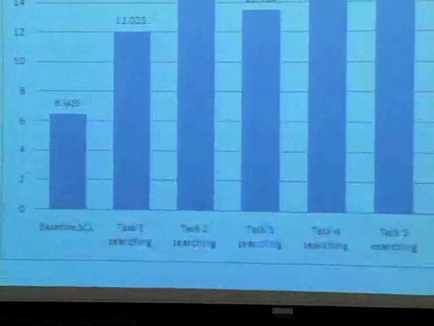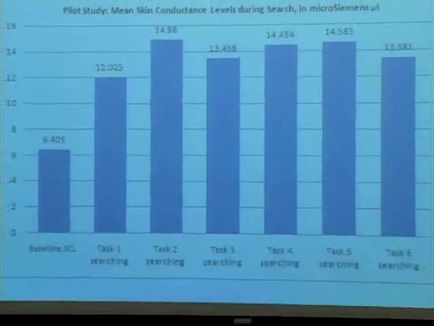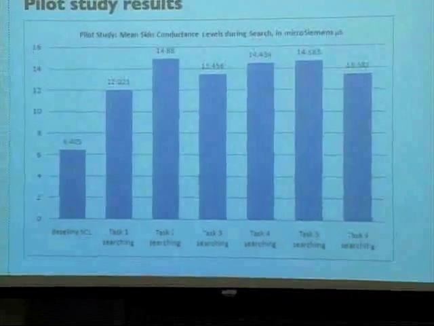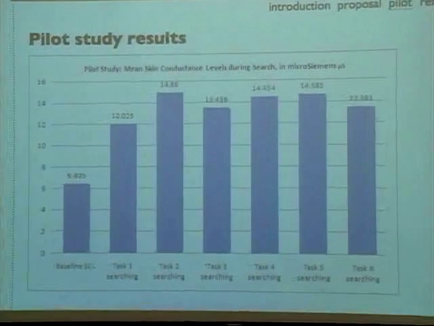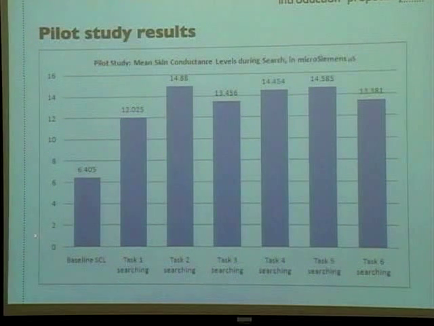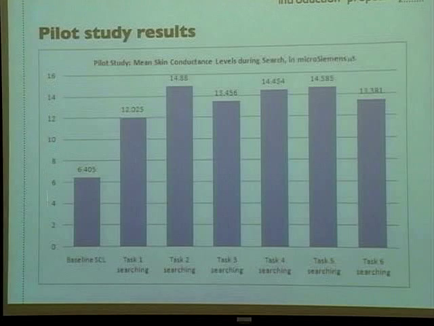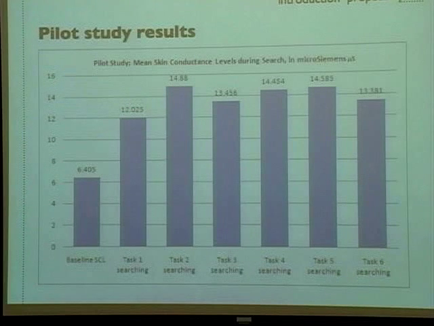So these are pilot results just from the third phase of each task, which is the searching task. So you see on the y-axis here are skin conductance levels in microsiemens. Typical range for an adult is 2 to 20 during their daily life.